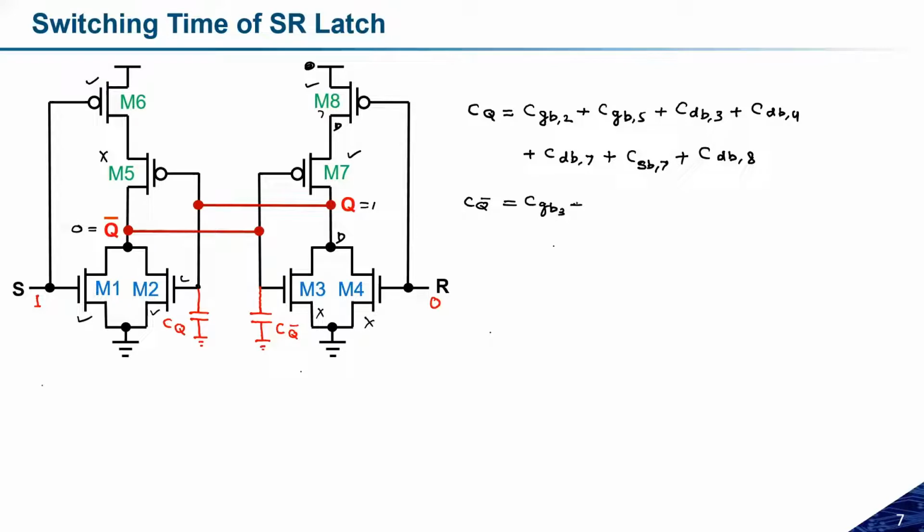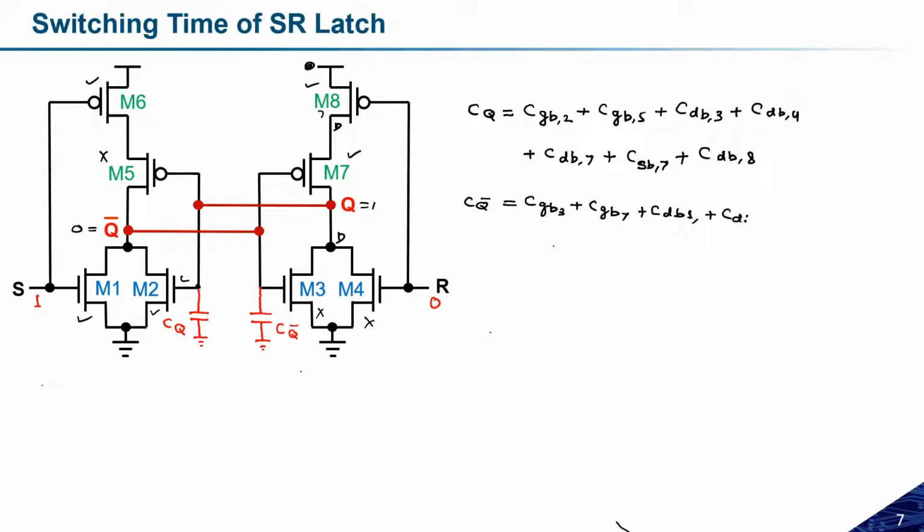The second component could be CGB7. Then the third component could be CDB1. This is similar to the first expression, right? So we don't need to go into that much detail again.